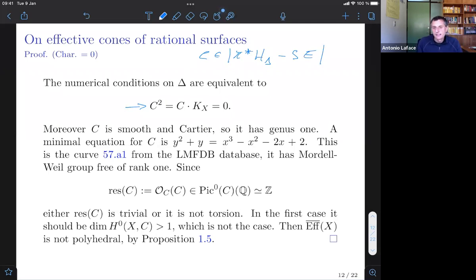So again, E is defined over the rationals. So we have an element of this Mordell-Weil group, which is known to be Z.